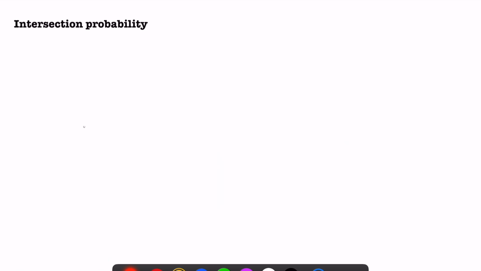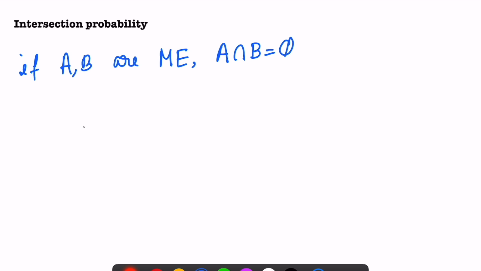Now we'll try to see the intersection and union probability. First, intersection probability. As we already saw, if A and B are mutually exclusive, then A intersection B is empty, and then the probability of A intersection B will be 0.